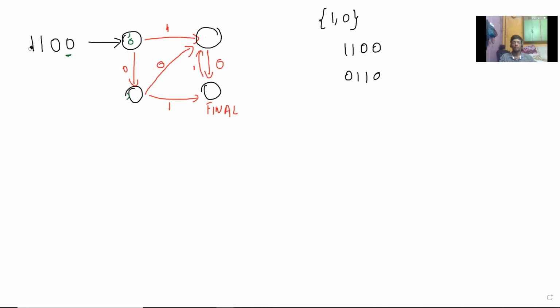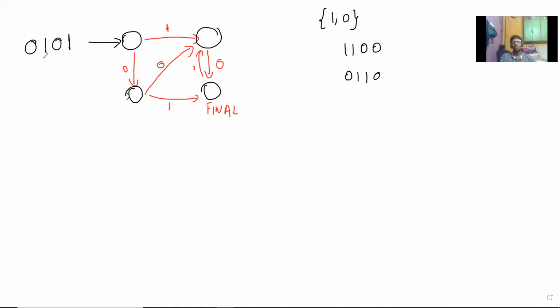Let me think of an example that will work. So let's take 1, 0, 1, 0.